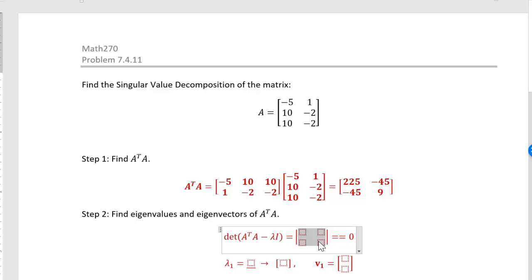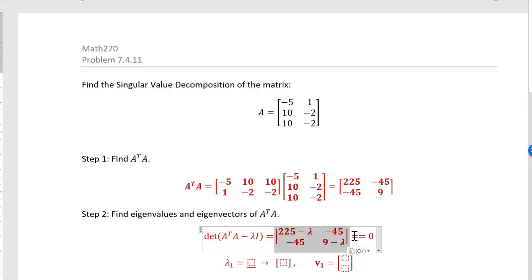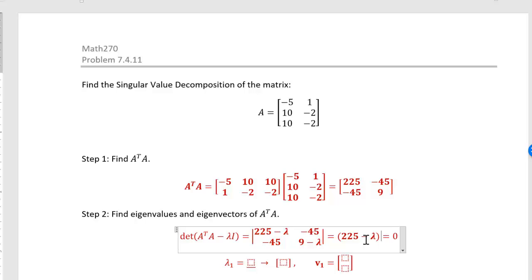So let's get this set up, and we got 225 minus lambda, and then a 9 minus lambda, and then everything else stays the same. And so this thing is going to be a quadratic polynomial in lambda. So we're going to start off with multiplying the diagonals.